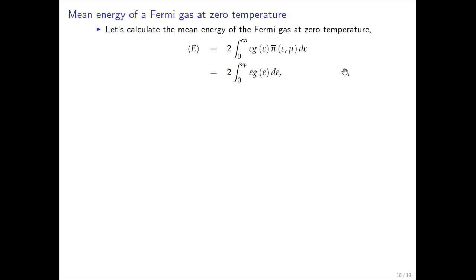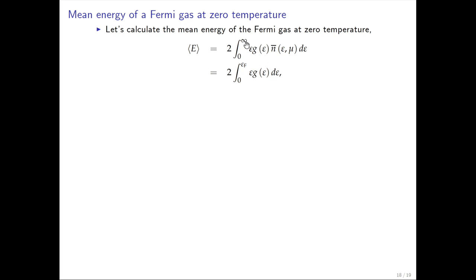So the mean energy, of course, has a factor of 2 because we're considering spin 1/2, and we have the spin degeneracy. Then we integrate from 0 to infinity the density of states times the mean occupation number, the Fermi-Dirac distribution, multiplied by the energy, because the energy is just the energy multiplied by the mean occupancy and the effective degeneracy, the density of states.